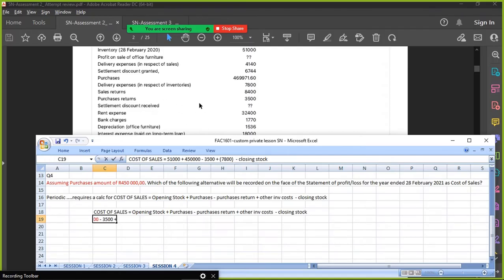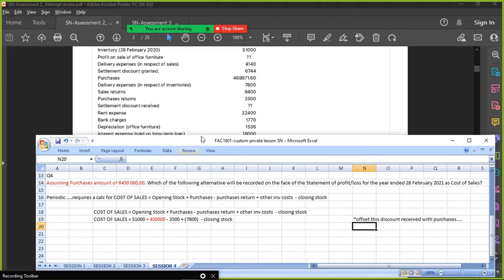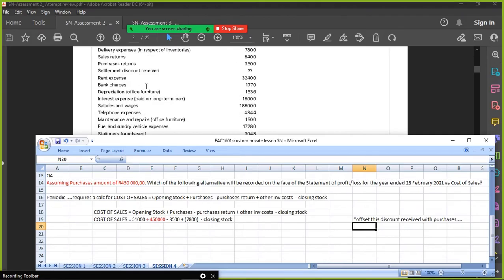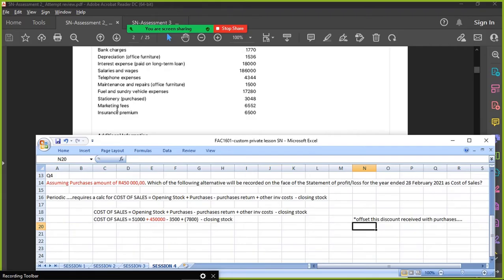This settlement discount that's received, I'm going to put asterisks here. They're probably going to offset this with purchases. That's probably what's going to happen. All right, so I'm going to include it, but we need to work it out. Rent, bank charges, depreciation, anything else? Doesn't look like it. No.